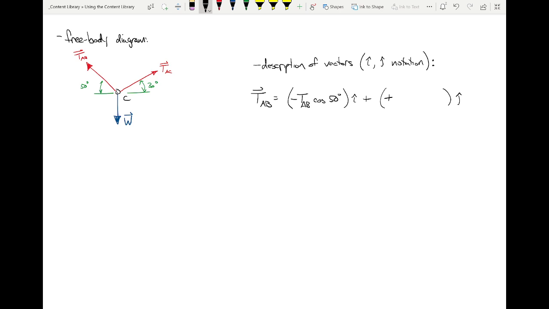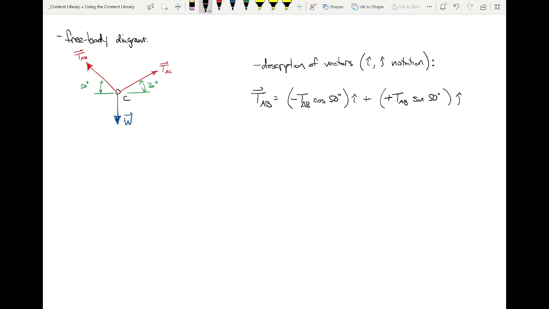Over here, it'd be sine of 50 degrees. We can plug and chug cosines with the x and sines with the y, because we've written the angle such that it's referenced from the x-axis. Is everybody okay with that? That's not too bad, right?